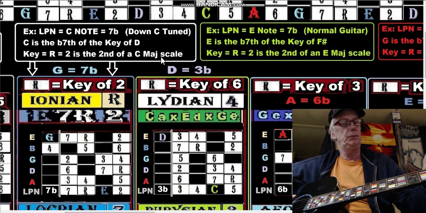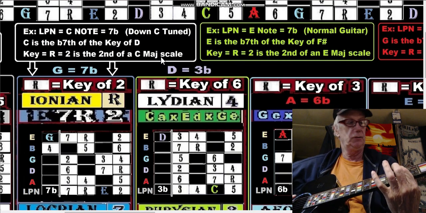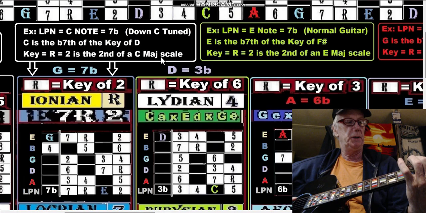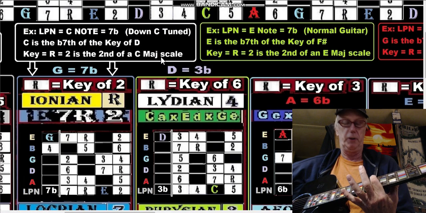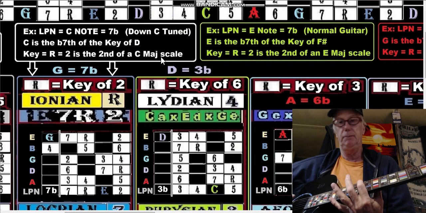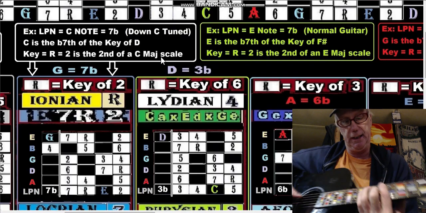Here C tuned, here E tuned, here D tuned, lowest playable note's a D. Capo on the A, lowest playable note is an A in this one.